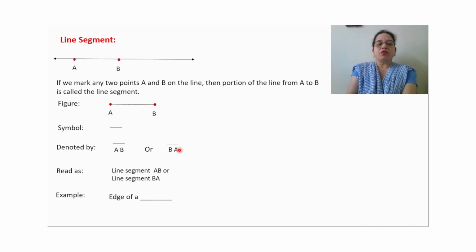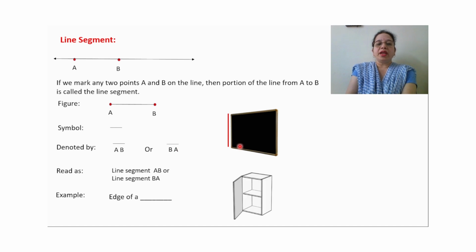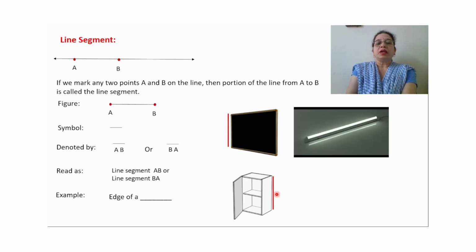The example of a line segment is edge of a blackboard. This is the edge of a blackboard. Any one edge you can take out of four. Edge of a cupboard. This is the cupboard. I have taken this edge. You can take any one edge of a cupboard. Tube light is also an example of a line segment.